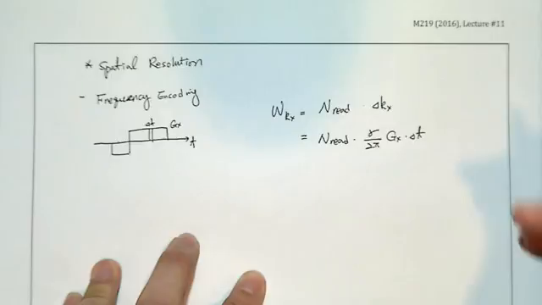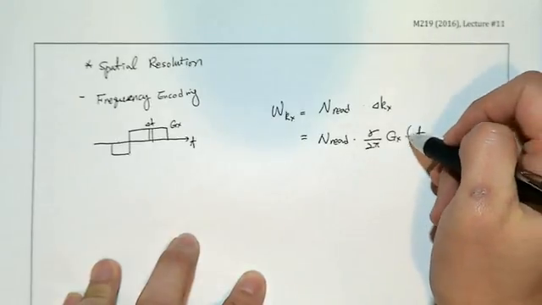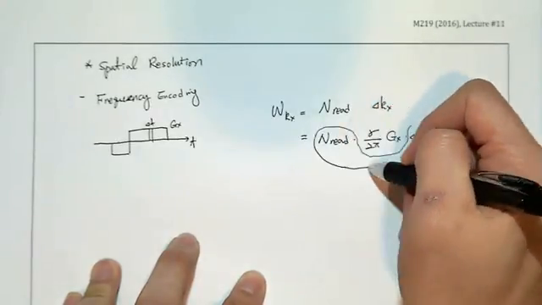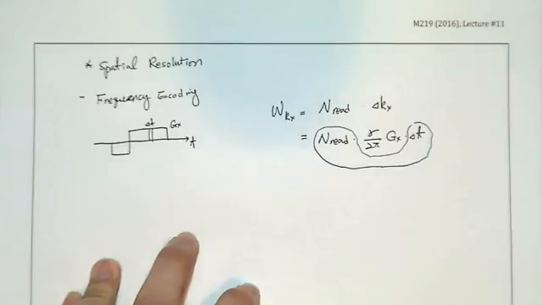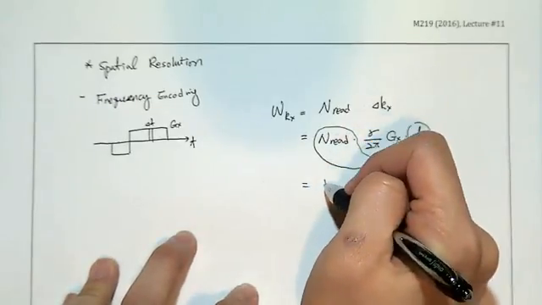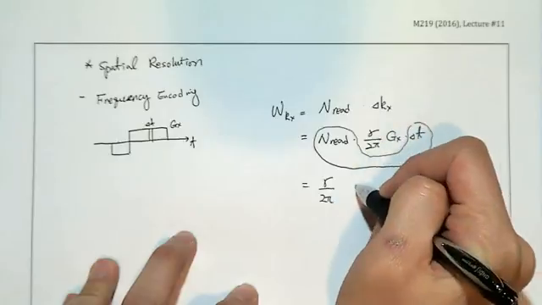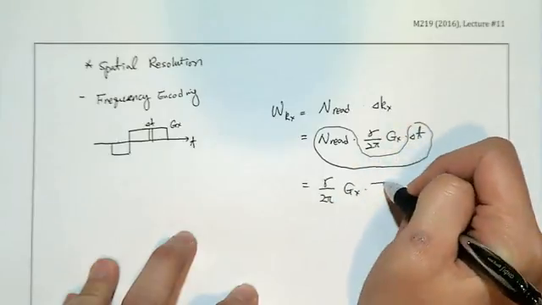And then, just think about it, delta t times n read is just the total time. So n read is the number of samples, and delta t is the sampling interval. So this is basically gamma over 2 pi gx times the total read time.